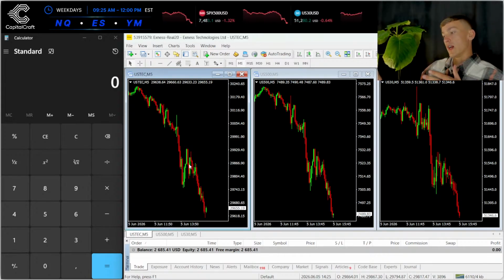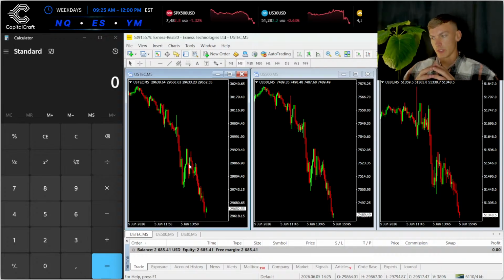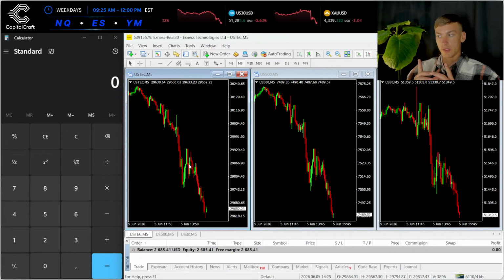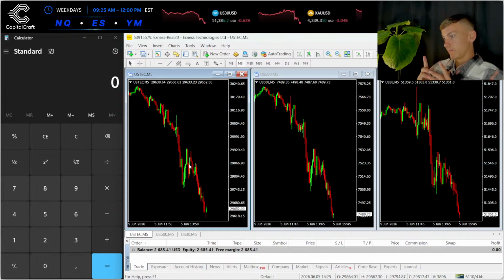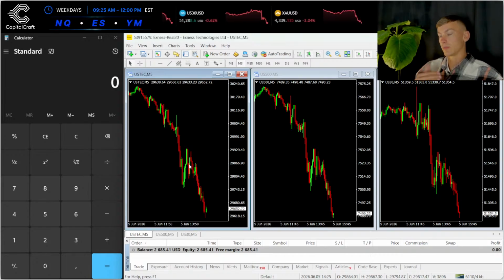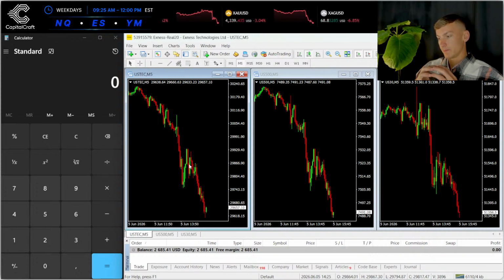Alright, but for right now, we have about 15 minutes left of this particular session. Now, we have not gotten anything happen here. Okay, since open, we've just kept going down. Alright, we never got a bullish scenario to pan out.